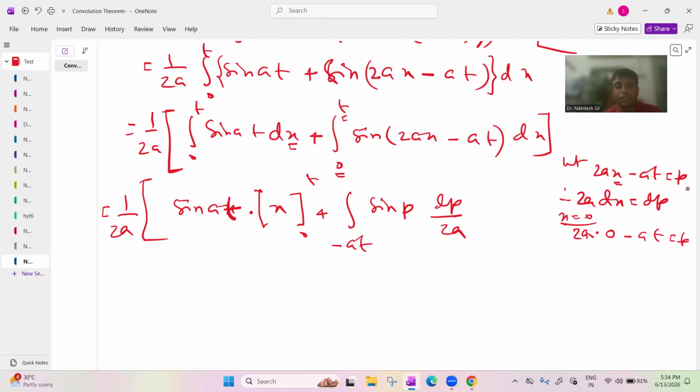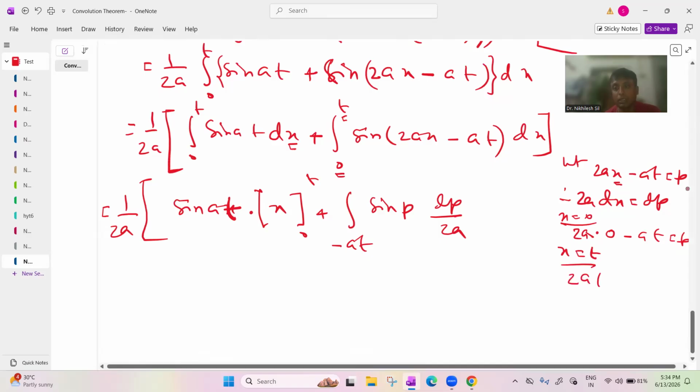And what is the upper range t? Putting x equal to t, we get 2at minus at is equal to p. Then 2at minus at equal to at. Okay.